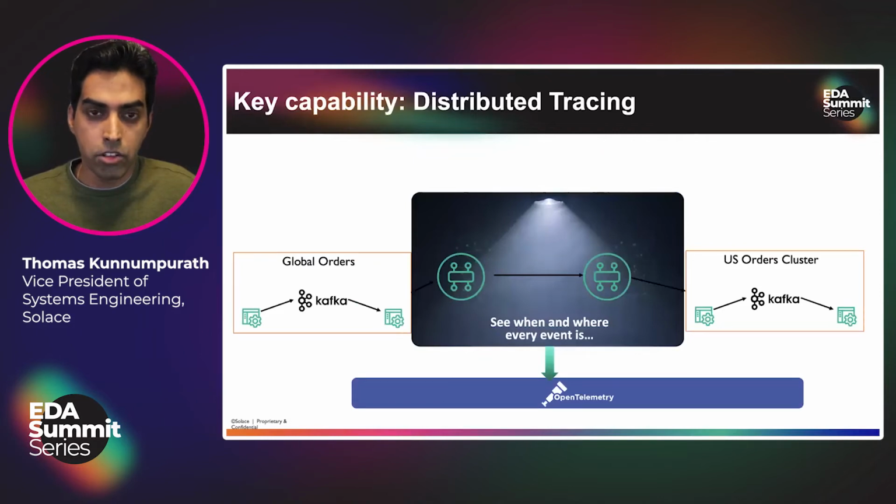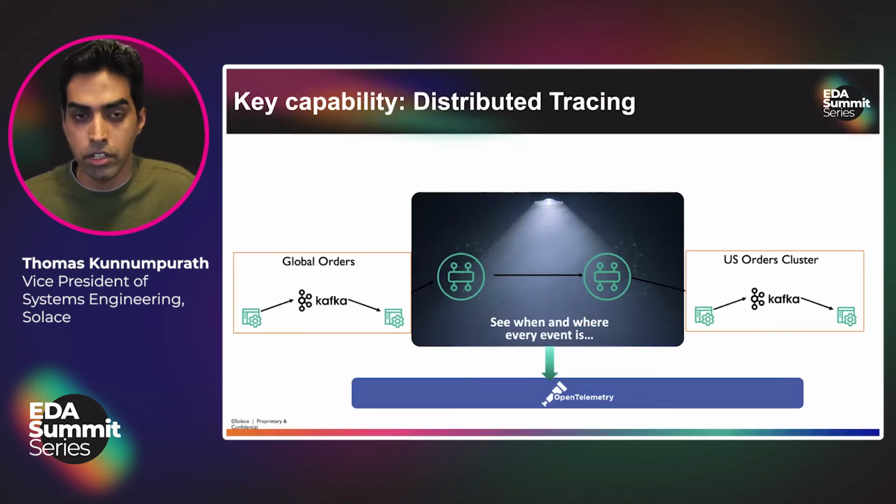Now, as you could imagine, once you start building your Kafka mesh, it might start extending geographies, it might start extending to different cloud regions, it might start extending from on-premises to the cloud, and you're going to end up with a rather expansive hierarchy or topology for your Kafka mesh. Now, a key component of the Kafka mesh is also understanding where your events are at all times, or where your Kafka records are at all times.